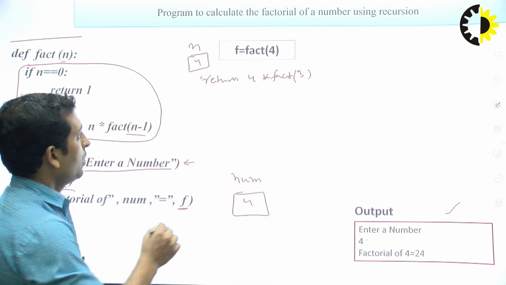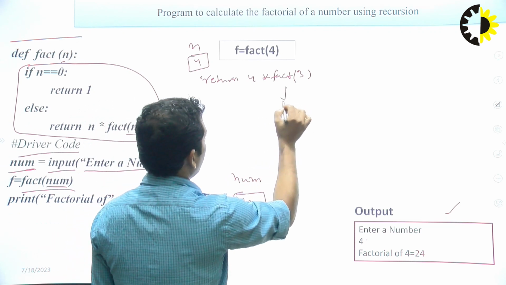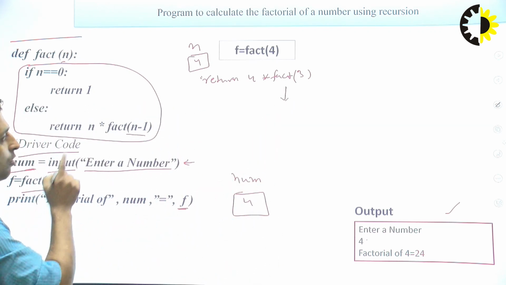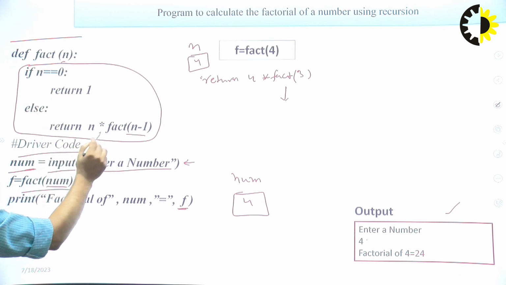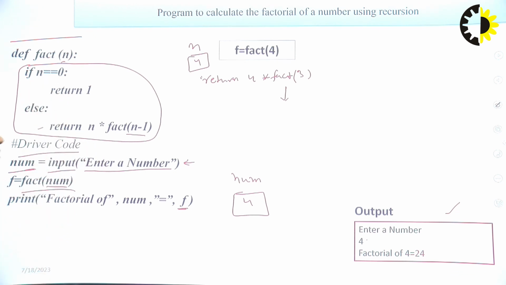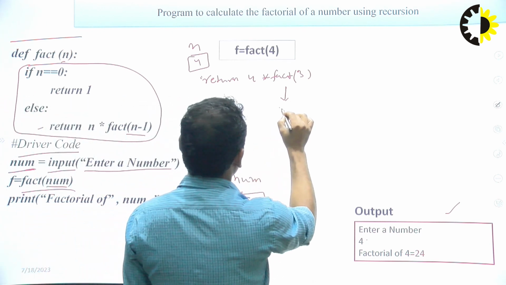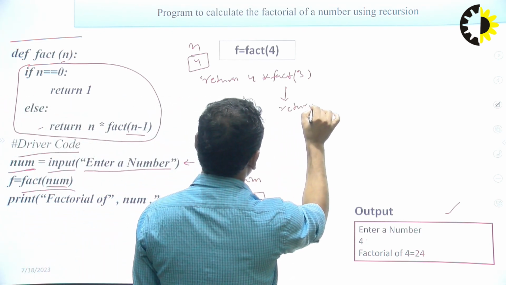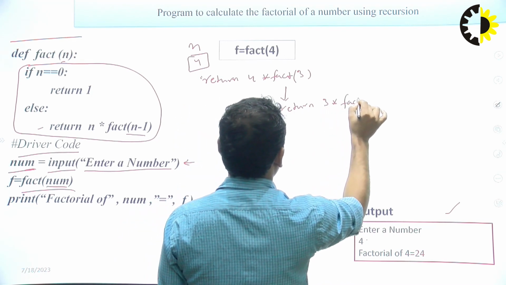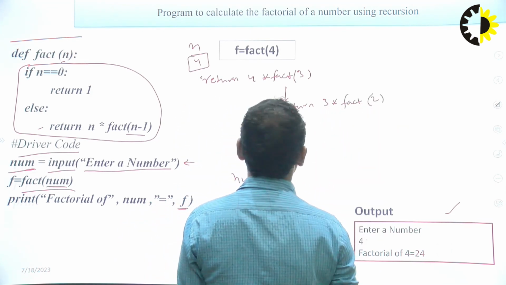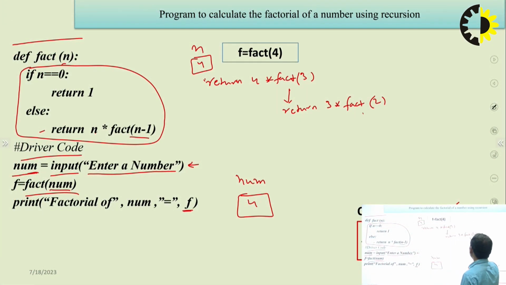Okay. Now, for this function call, n is 3. Which code will be executed? The else part again: return 3 into fact(2). Again a recursive call, with n as 2. Which code will be executed?